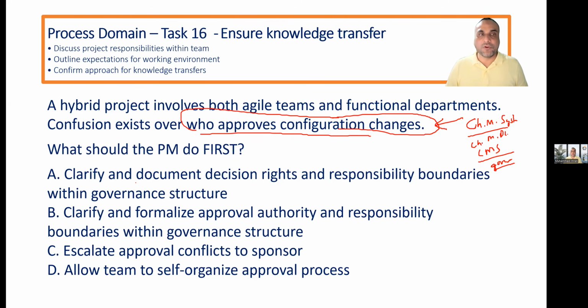Which authority do we have? You have authority of this or you have authority of this. This is the only word which is making them different. What is your authority as project manager?